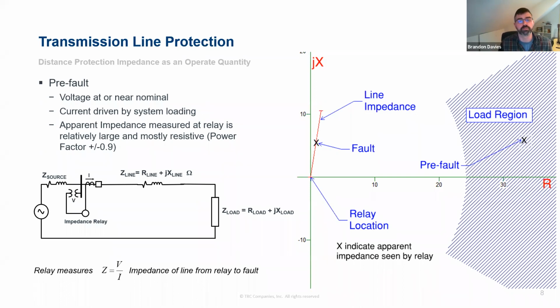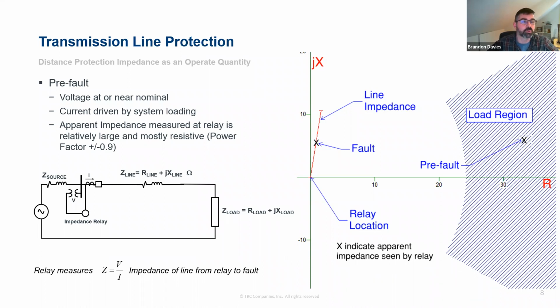Really, I'm describing this for a distance element, but you can think in those same terms for any protection element. What is this relay operate quantity going to look like for a non-fault condition, and what does it look like for a fault condition? And ideally, we've got a really wide difference between those two, and that allows us to have some flexibility in our settings.